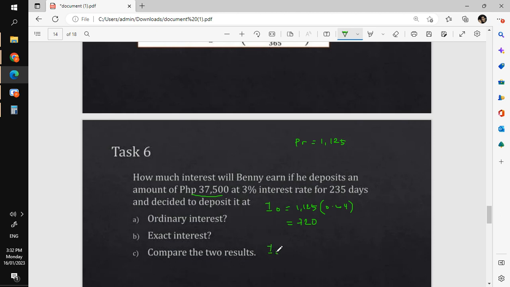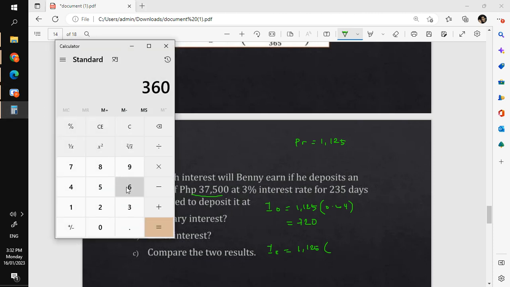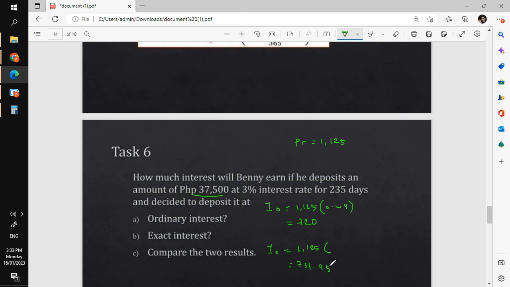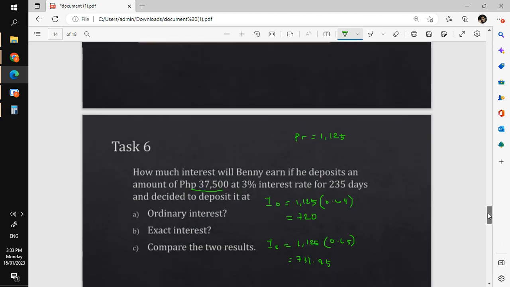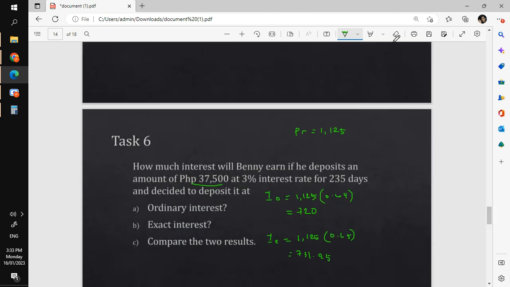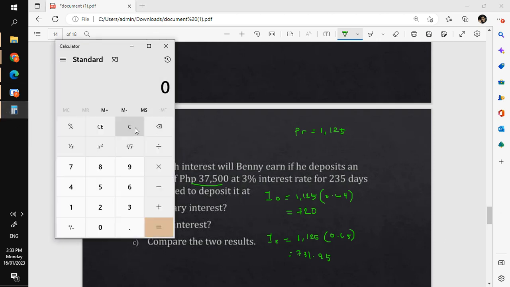But if we use the exact interest formula, then we have 1,125 times 235 divided by 365, that gives us 0.64, and 235 divided by 360 gives 0.65. Okay, I think we had a problem in here. 0.65 times 1,125 is 731.25. So 235 divided by 360 is 0.65, and 235 divided by 365 is 0.64.